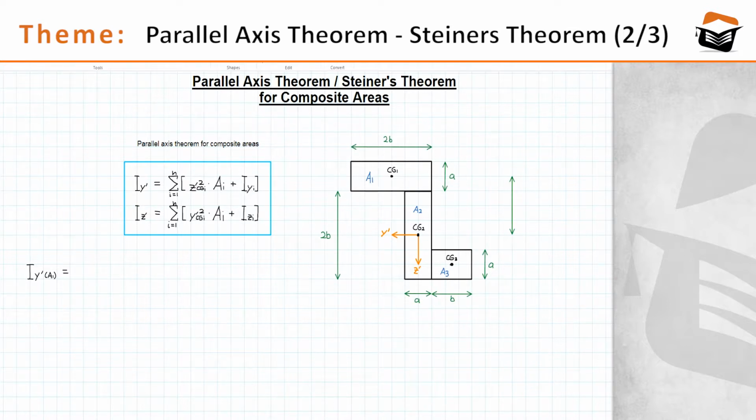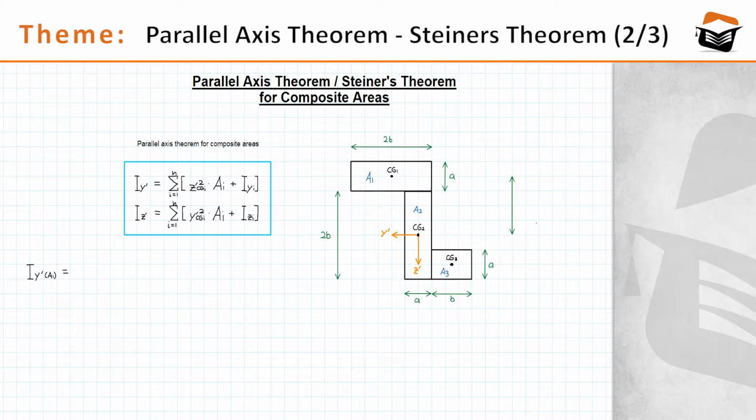Why? Because the height of the second partial rectangle is 2b, so the distance between the centroid and the top is just b, and then in the first partial rectangle we have the height from the bottom of the rectangle to the centroid as a over 2.